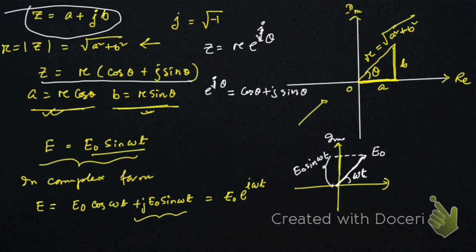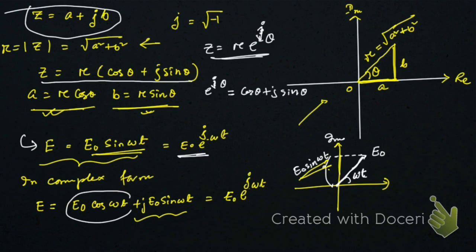Here the source is sine omega t, so we're going to take only this sine part, because we are taking E is equal to E naught sine omega t. So here instead of i, we're going to use j. We are not going to consider the cosine part. Hope you have understood this.